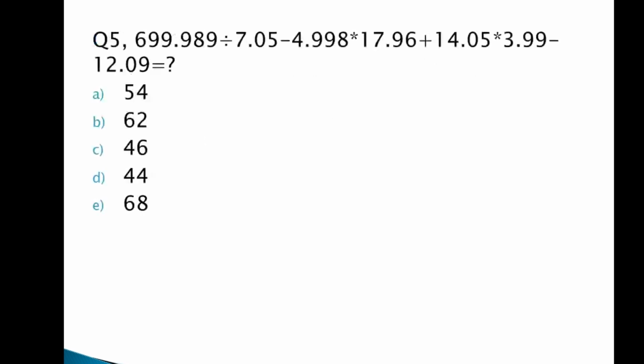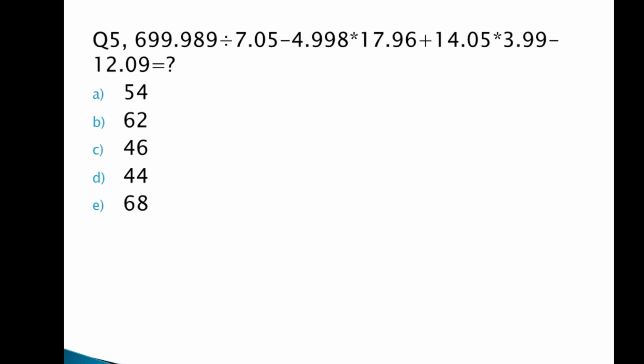Now our fifth and last question. 699.989 divided by 7.05 minus 4.998 multiplied by 17.96 plus 14.05 into 3.99 minus 12.09 is equal to question mark.